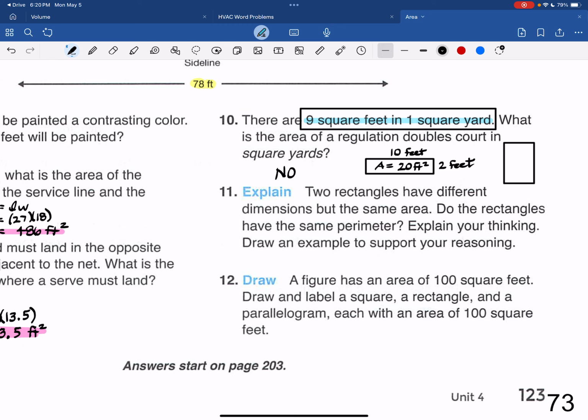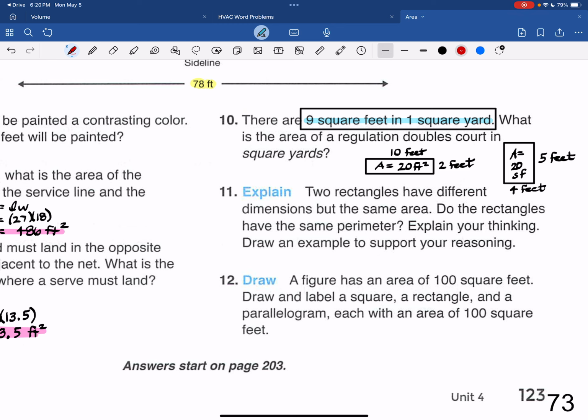That is 5 feet by 4 feet. So area is going to be 5 times 4 or 20 square feet. So let's look at the perimeter of each of these and see, just because the areas are the same does not mean the perimeters will be the same. It could happen that way, but it's not a given.